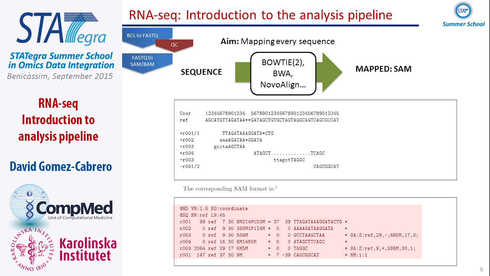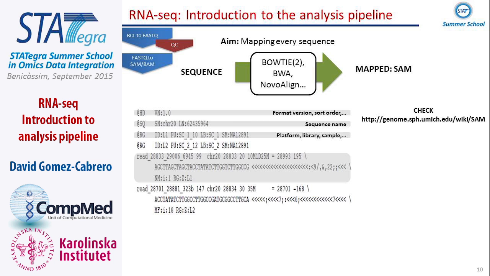The SAM format will need to store what the reference is, in this case, some extra information, and then for the first read, where did it map? In the reference, in location 7, the quality, some extra information, and then the sequence, and also the quality, and a lot more things. Right now we are not going to disclose every one of them. I'm just going to show you the ones that, for me, I think are more important.